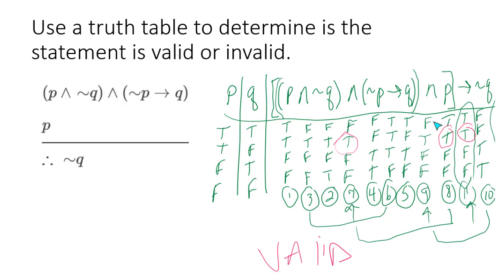False and false is true. True and false should be false. This one should be false here, so I'll change it right now. False and true is going to be true. I have it backwards here also. Okay, let me just change them right now.